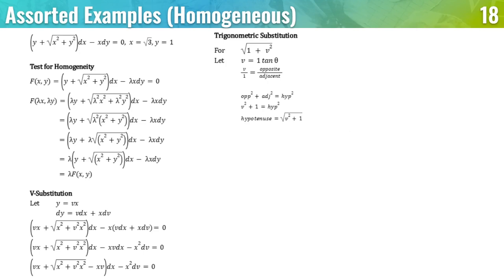So if we don't have any arc signs, if we don't have any inverse signs, then we proceed to trigonometric substitution. So basically, you're going to assign a variable as a number times a trigonometric function. And then from that trigonometric function, if we use tangent, you're going to assign an opposite and an adjacent. And then we solve for a hypotenuse or vice versa.